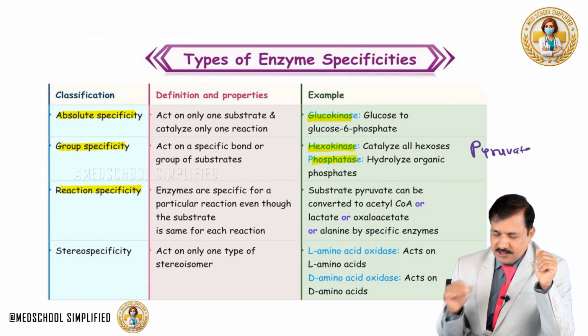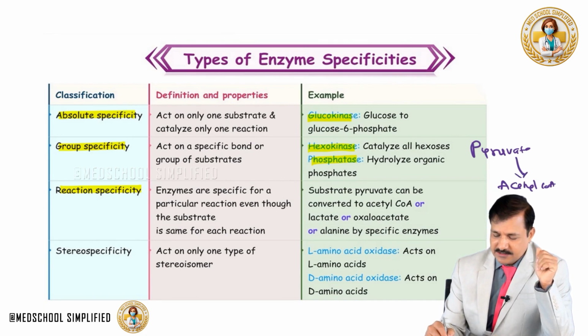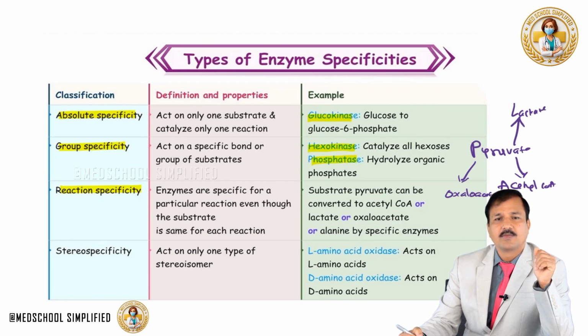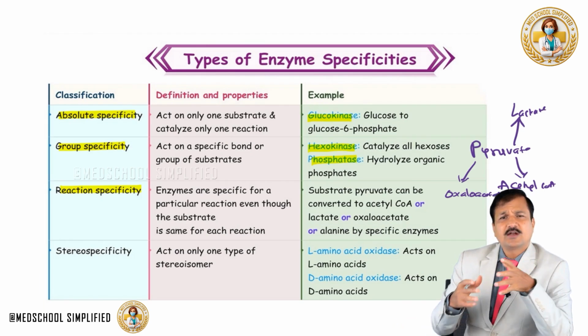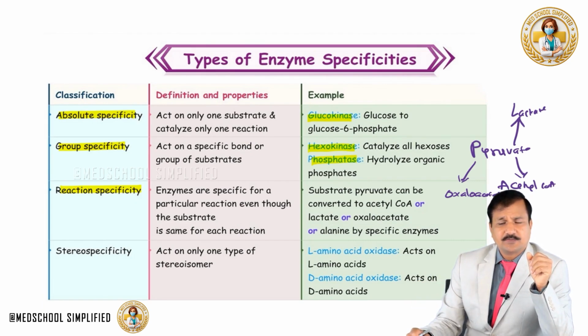Pyruvate, and this pyruvate can go into acetyl-CoA formation. This is done by pyruvate dehydrogenase complex. Pyruvate can go into oxaloacetate formation. Pyruvate can go into lactate formation. Like this, there are different ways that pyruvate can go.